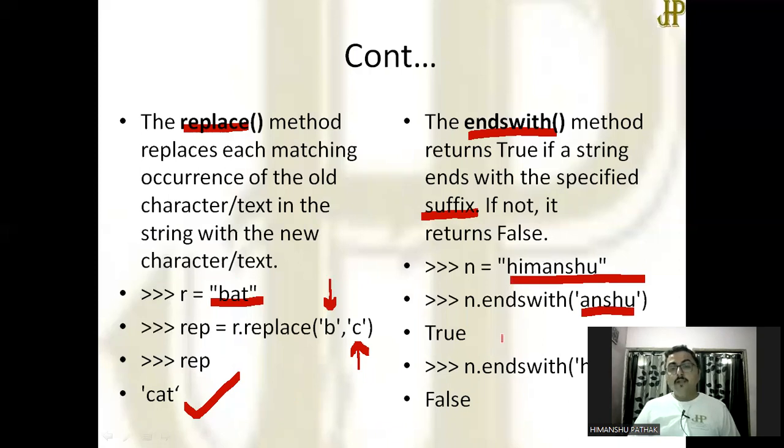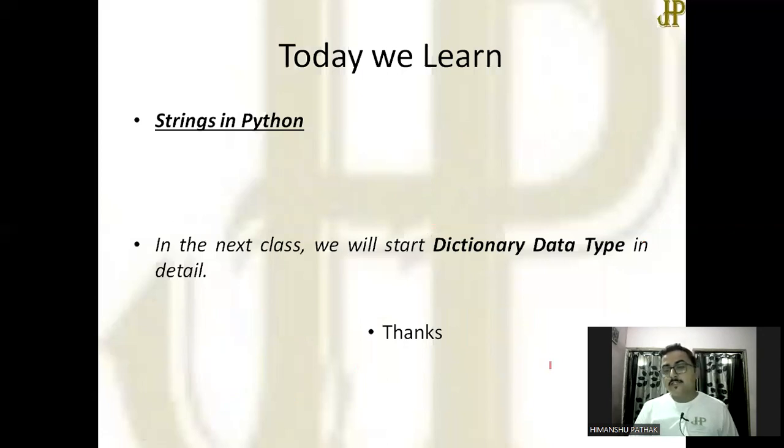So it will print true. Otherwise, it will print false. So these are some basic and important methods. Other than this, there are a lot of methods defined in the string class. You can search on Google.